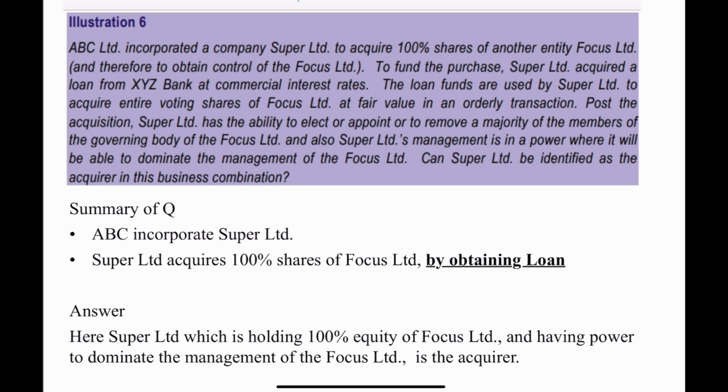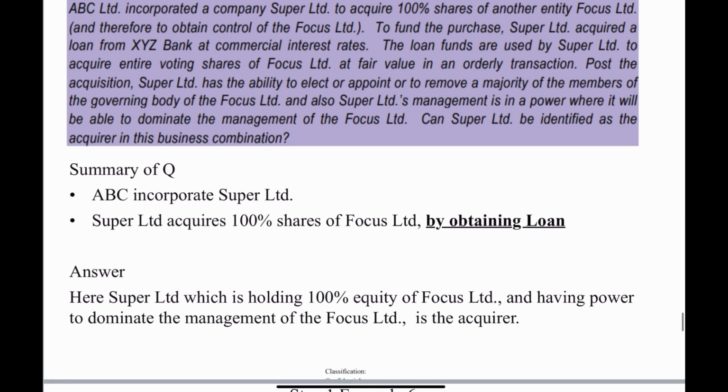But not all the cash required for acquiring Focus Limited will be sponsored by ABC Limited. Instead, Super Limited will obtain a third party bank loan, an XYZ bank loan. So the major portion of consideration will be paid out of the loan, not out of equity from ABC.